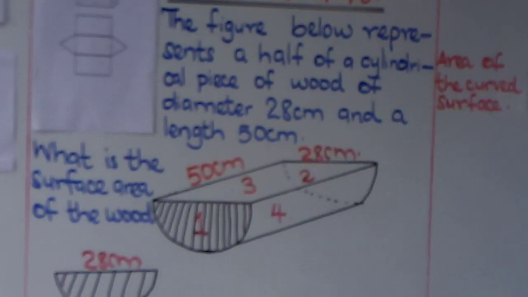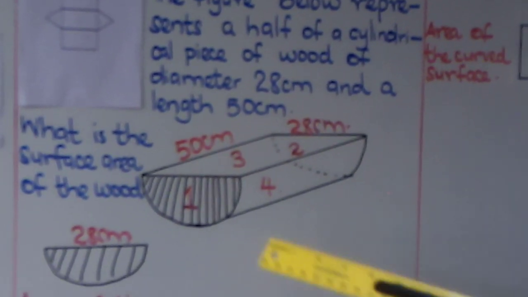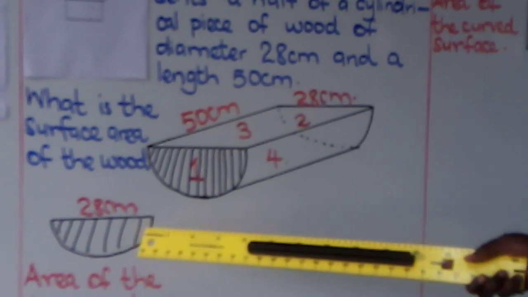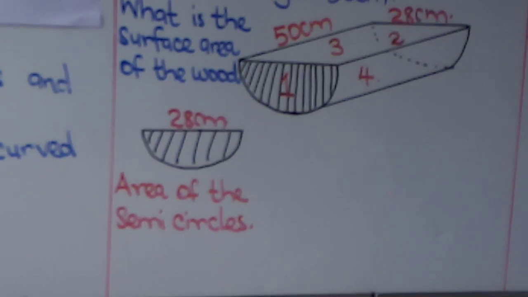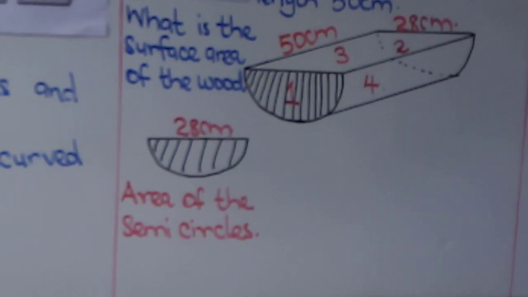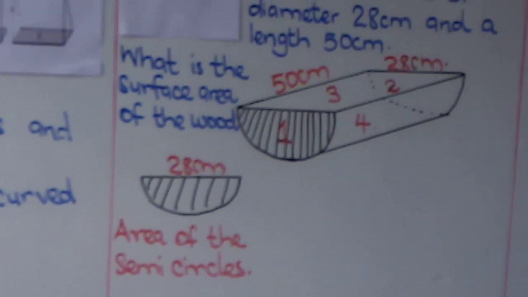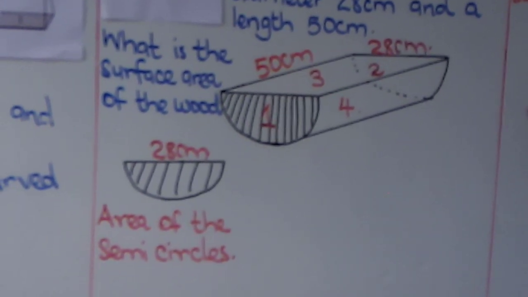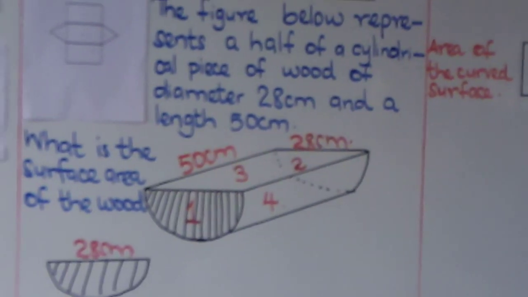What I have done here to help us solve this problem is that I've extracted faces. This is face number 1. It has its identical face number 2, the opposite side.